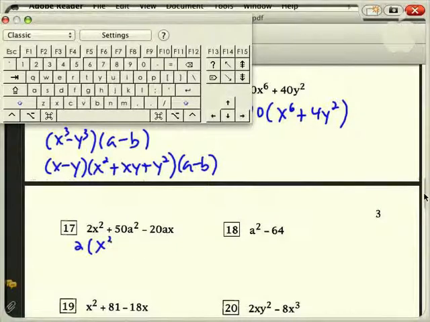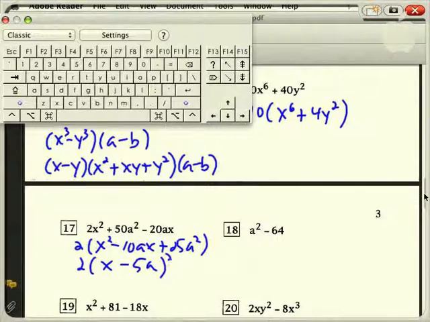We're going to have x squared minus 10ax plus 25a squared. All right, so try that trinomial square again. And if we take these and multiply them and double it, yes, it works. All right, good.